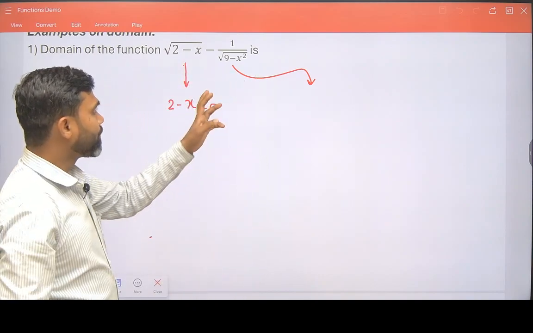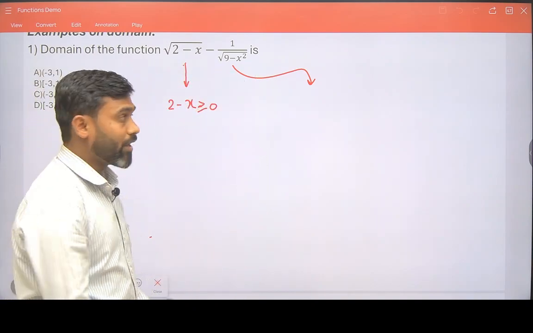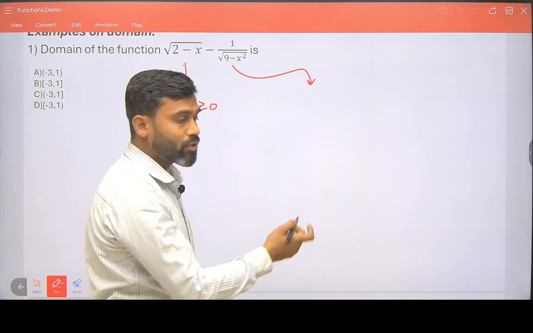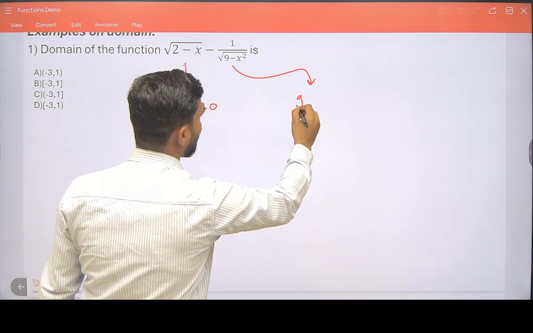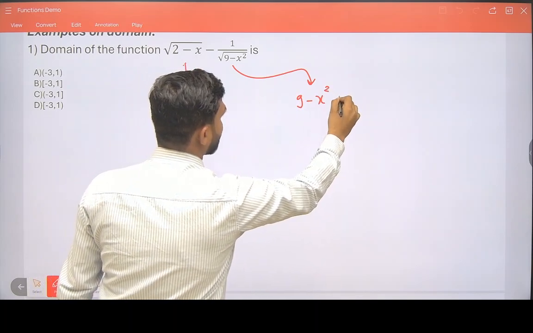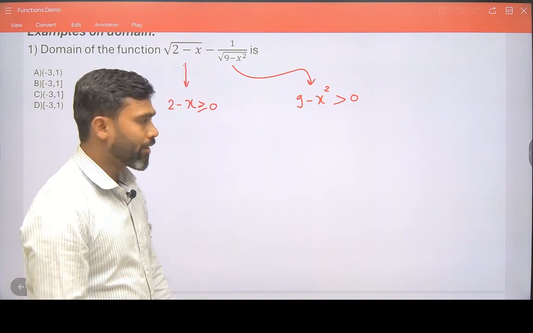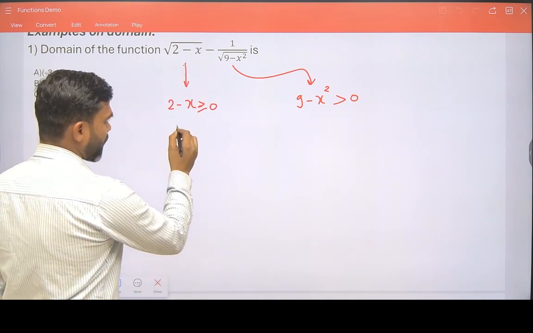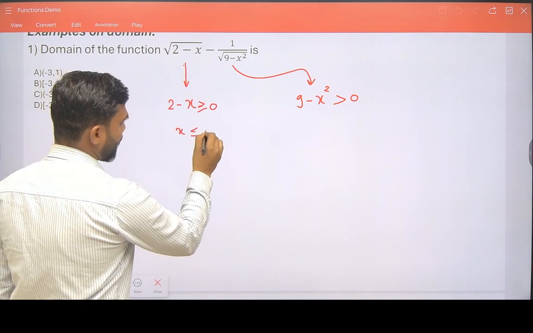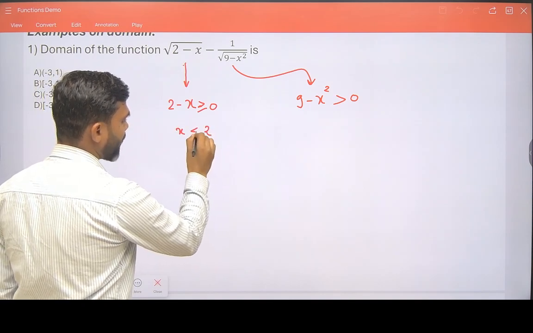Since it is in the denominator and inside the square root, 9 minus x square should be greater than 0 only. We can't take 0 because it is in the denominator, right? Now here it will be x is less than or equal to 2, very easy, right?